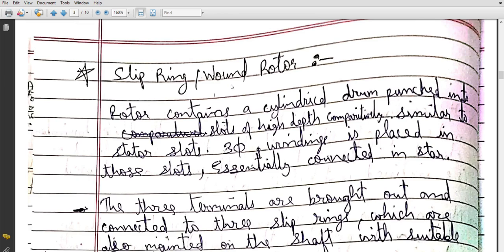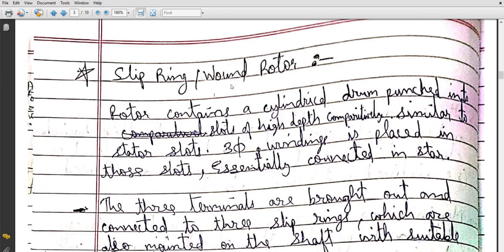When we talk about the slip ring rotor, its rotor again consists of a balanced three-phase winding, spatially displaced by 120 degrees, and the number of poles which this rotor will contain depends on the number of poles which the stator has.